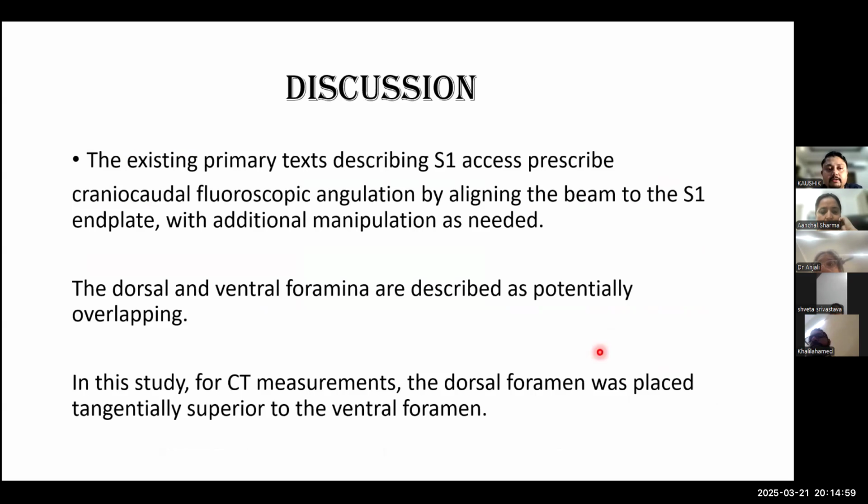Coming to the discussion, the existing primary text describes the S1 axis through a cranio-caudal fluoroscopic angulation, and the dorsal and ventral foramina are described as potentially overlapping. However, in this study, the authors have placed the dorsal foramen tangentially superior to the ventral foramen.